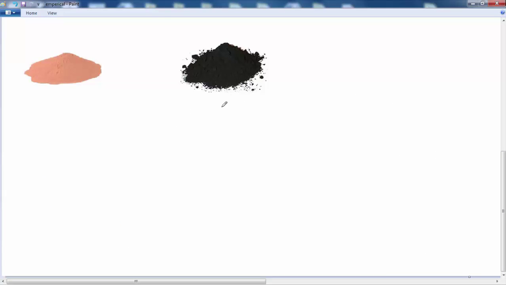Supposing I wanted to find out what was the empirical formula of copper oxide. Okay, I know that when I take copper powder, that's fine copper powder, and I heat it in the presence of oxygen, then a reaction will take place and I get this fine black powder.